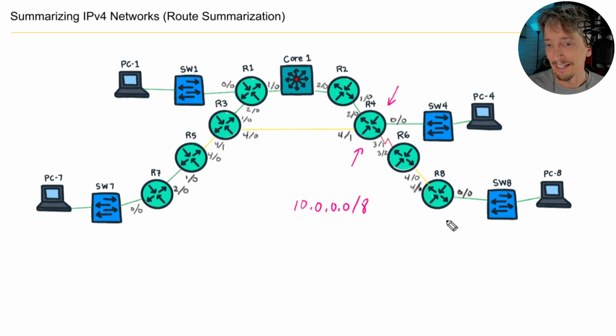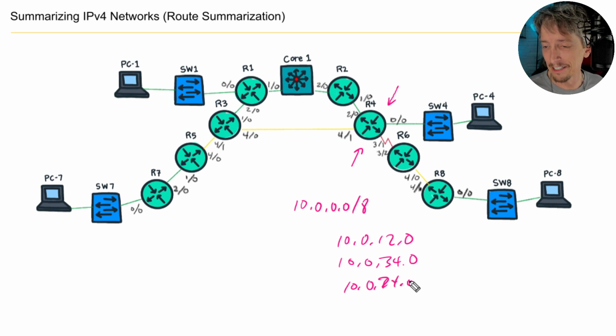And that's the concept. 10.0.0.0 is a summary route that would cover 10.0 dot anything, like 10.0.12.0 and 10.0.34.0 and 10.0.24.0, and the list goes on.